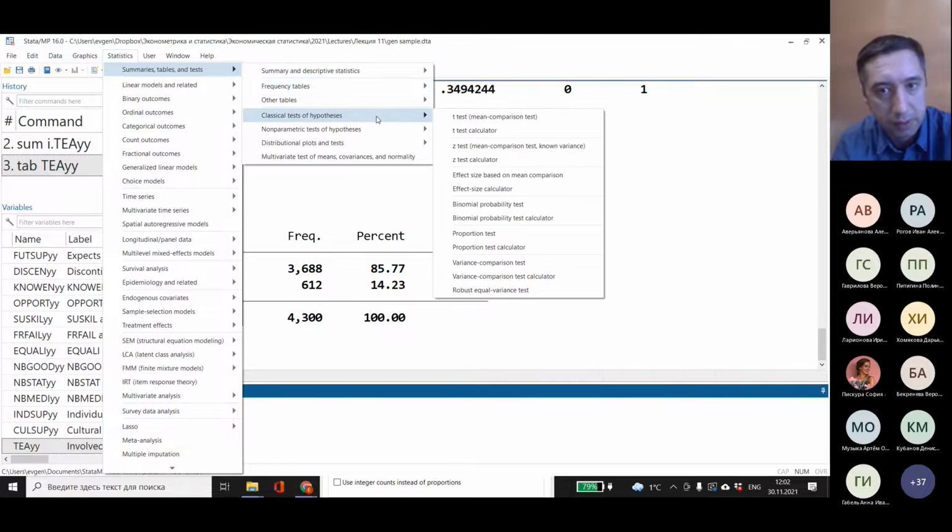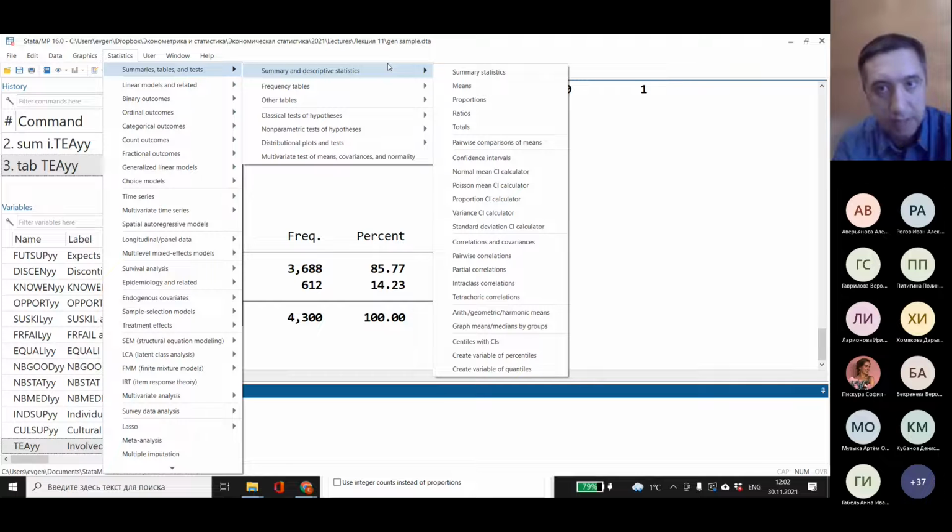Classical test of hypothesis. Or no, summary and descriptive statistics. And here you should find the proportion CI calculator if you have a task, if you have an exercise in your textbook, or you can rely on confidence interval if you have a data set. Please use these two options depending on what you have.